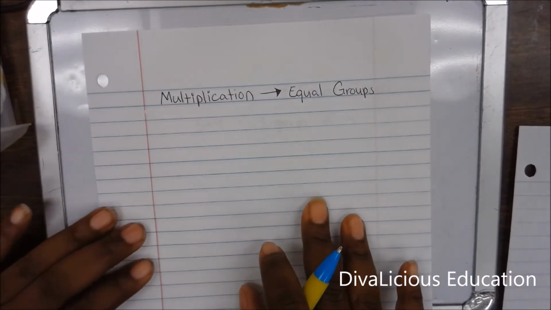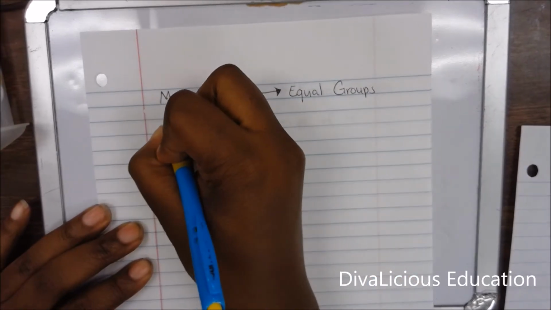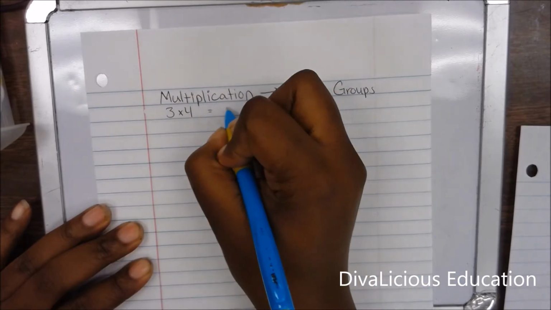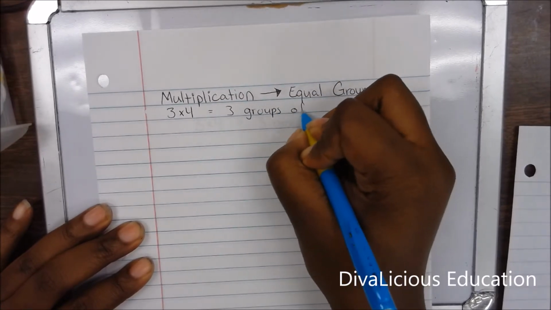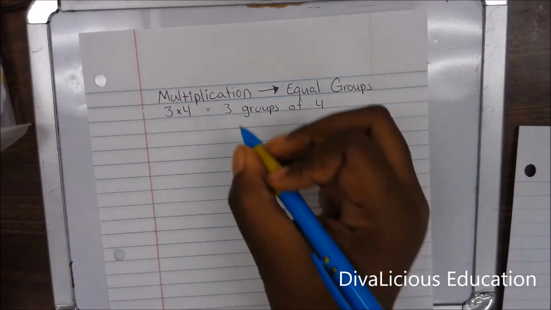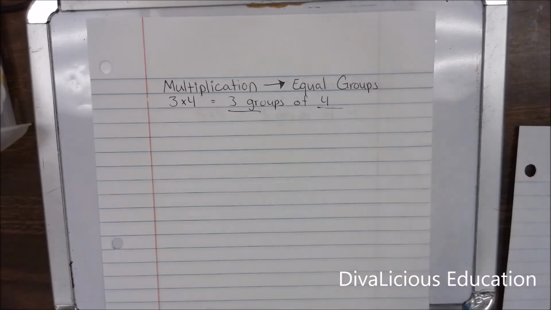Multiplication relates to equal grouping, meaning when I see a problem or an equation like 3 times 4, I think of 3 groups of 4. So when I look at the visual of it, that means that I would need 3 groups, and in each group they have the same number, 4.